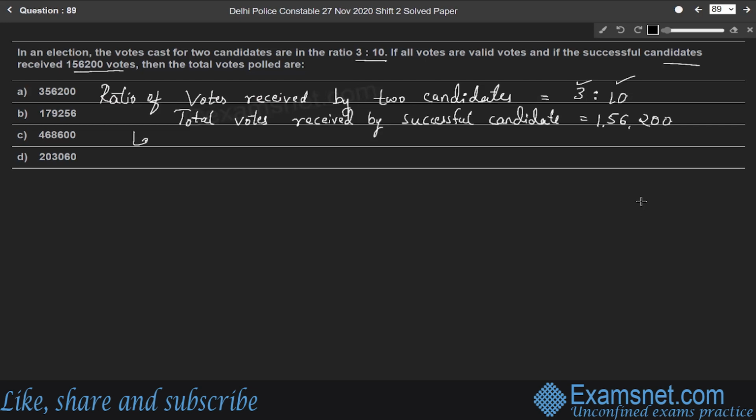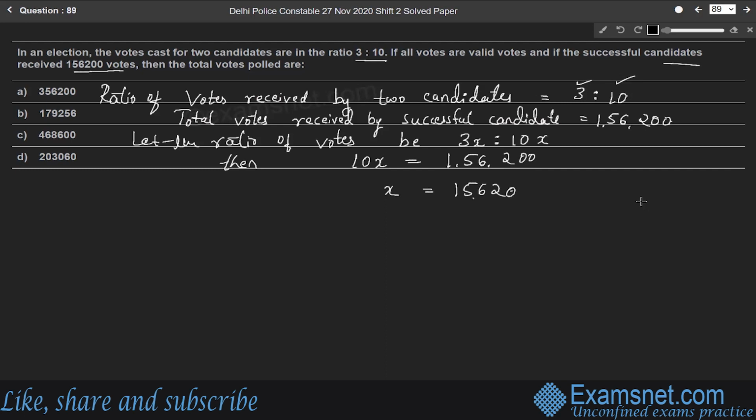Right. So the successful candidate got 1,56,200 votes. So in this sense, 10x becomes 1,56,200. Right. So then x becomes 15,620.